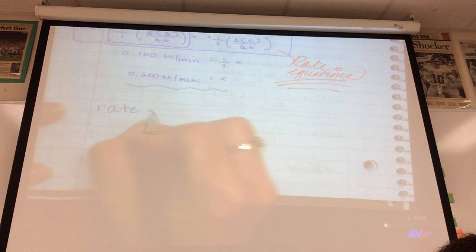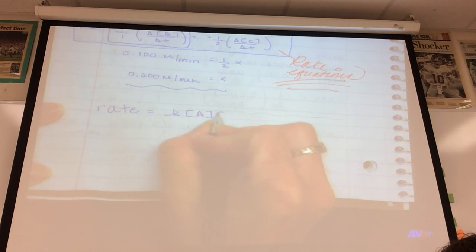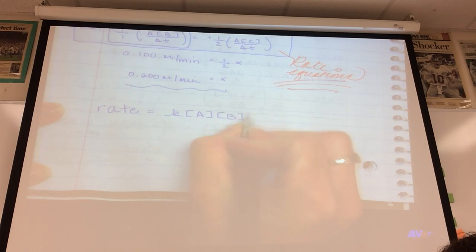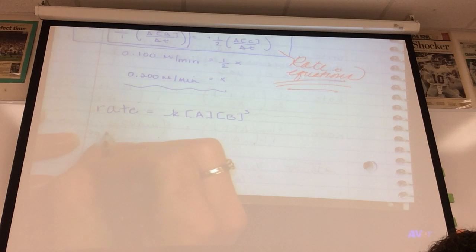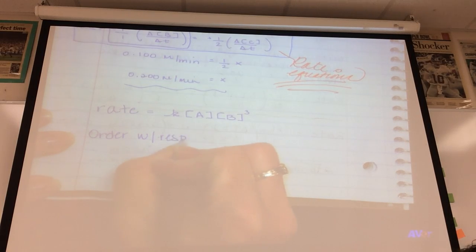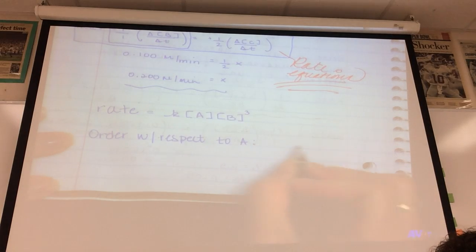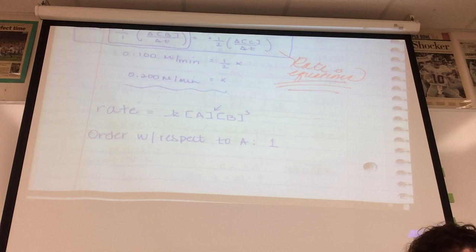Let's say we have rate is equal to k[A][B]^3. The order with respect to A is 1, the imaginary exponent.